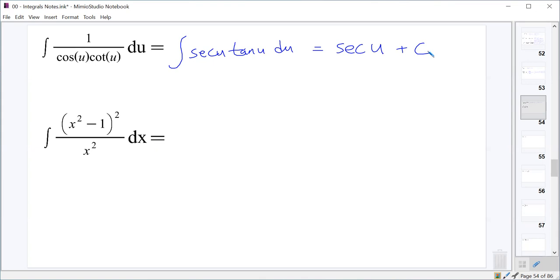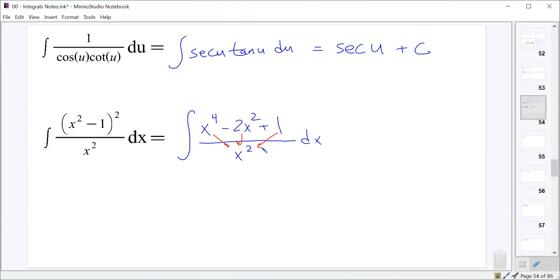But generally speaking, if you look at something in a similar form to this, what you're going to want to do first is expand out that numerator. So x squared minus 1 squared will give you x to the 4th minus 2x squared plus 1, over x squared. And then we're just going to take each term in the numerator and term by term divide them all by that x squared.